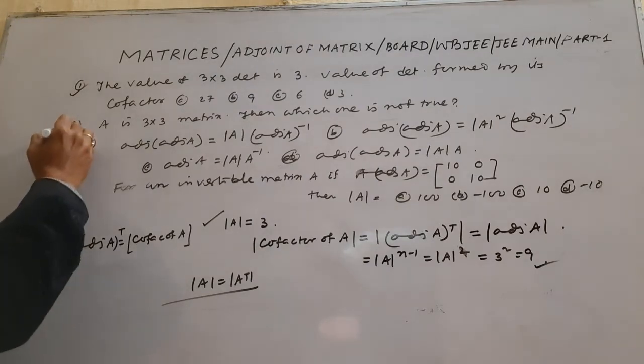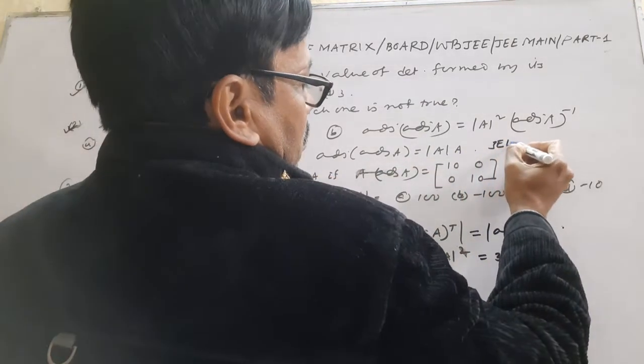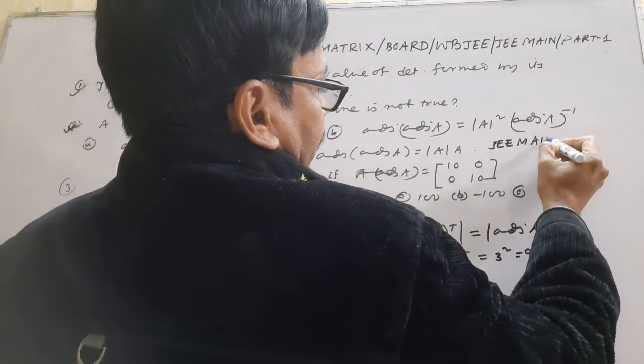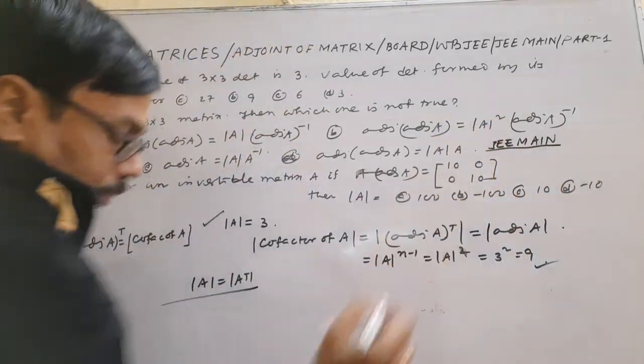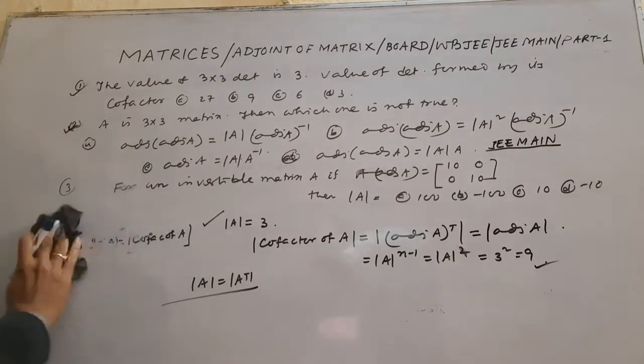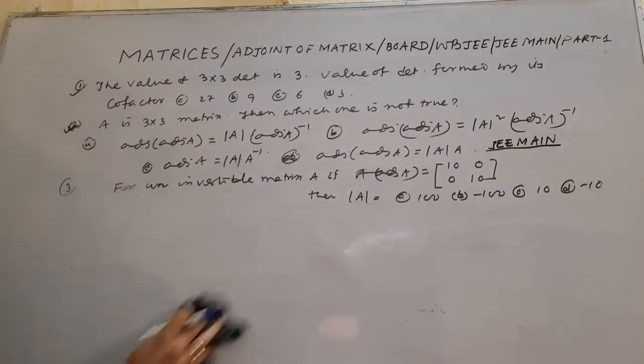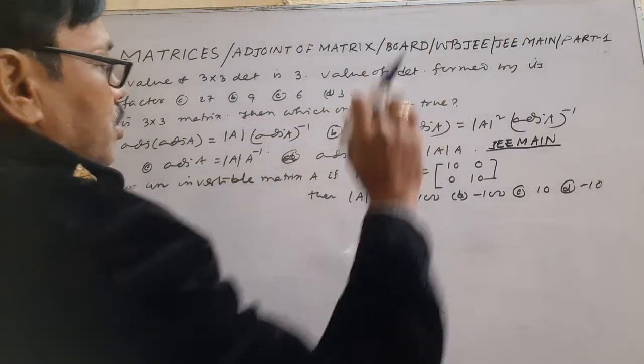Number 2. This is a problem of JEE Main. A is a 3 by 3 matrix. Then which one is not true?